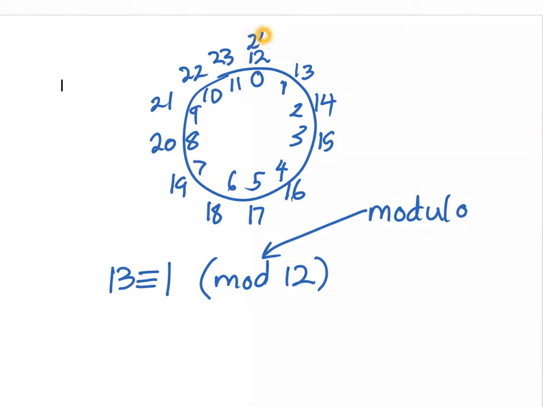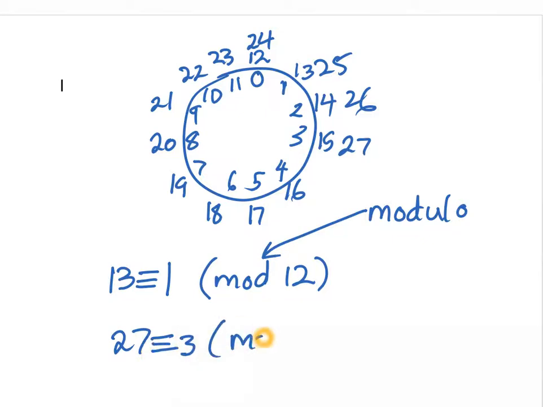So that's 24, that's 25, that's 26, and so on. You would notice that 27, which we're not familiar with because normally 24-hour time is where we end up, would be the same as or congruent to 3 mod 12, wouldn't it?